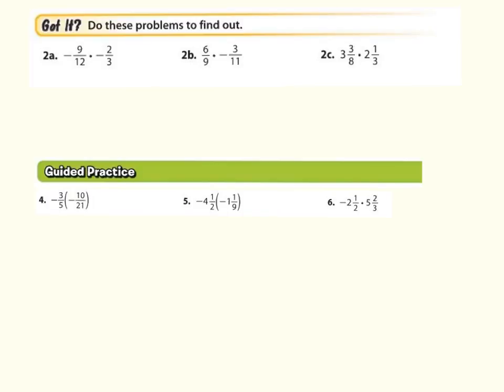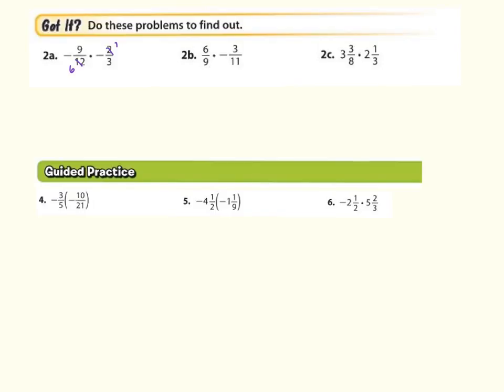Let's do the guided questions together so you guys can see. For 2A, I simplify the fractions before I actually multiply. For the 2 and the 12, I can simplify and take a 2 out of both of them. This becomes 1, 12 divided by 2 is 6. Now I can also factor out a 3 from the 9 and the 3.